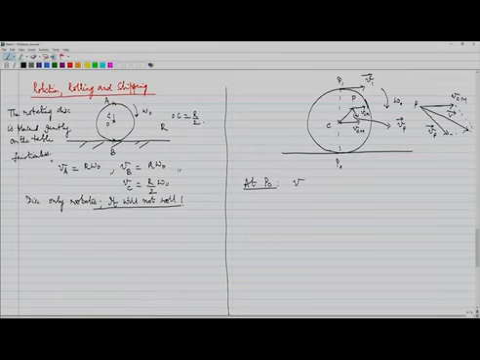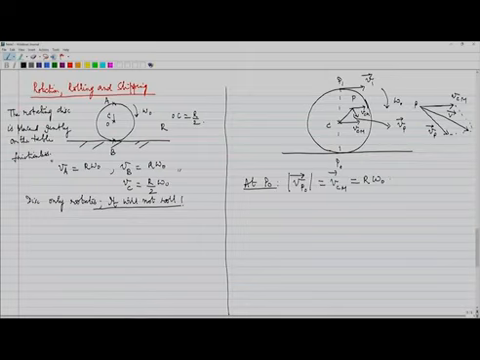So VP naught at this particular point, its linear velocity must be the same as the velocity of the center of mass. In other words, when the center of mass motion is like this, here it will have motion, and then its linear velocity will be here. Both of them should be equal. This is what is equal to R omega naught.